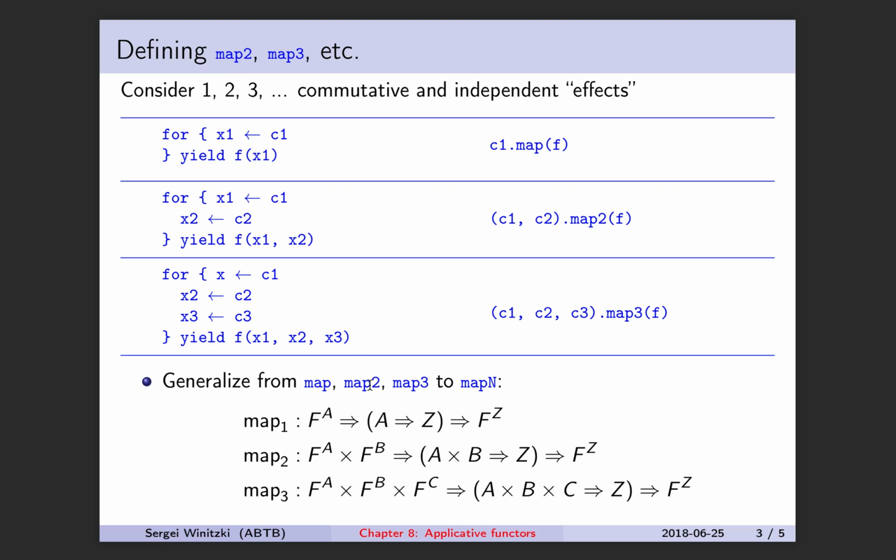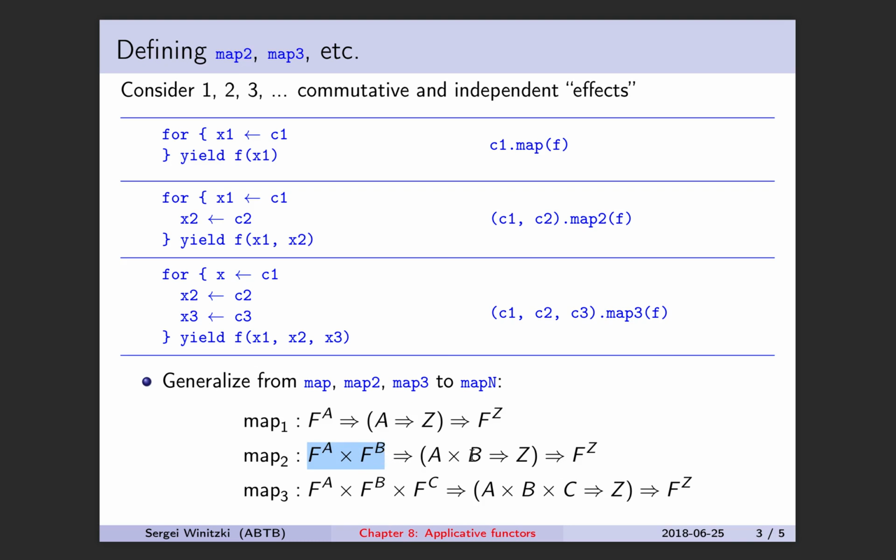So how do we generalize this? Let's write down the type signatures. The usual map, let's call it map1, just to be systematic. This is the standard type signature for the map function. Map2 has this type signature.